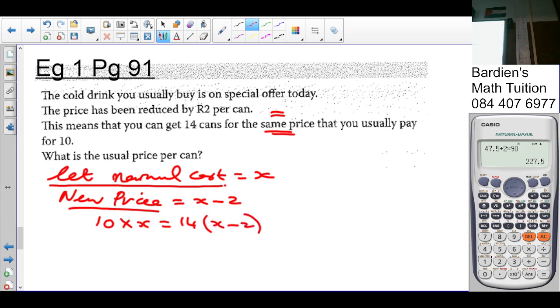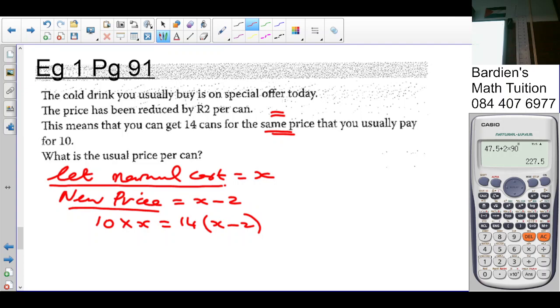You guys understand the operation? Here it says, this means you can get 14 cans for the same price. Well, how do you calculate the price in total if you're going to buy 14 cans? 14 times the cost per can. Or, in the second part, they usually pay for 10. So how do you get the total cost for 10 cans? 10 multiplied by the usual price.